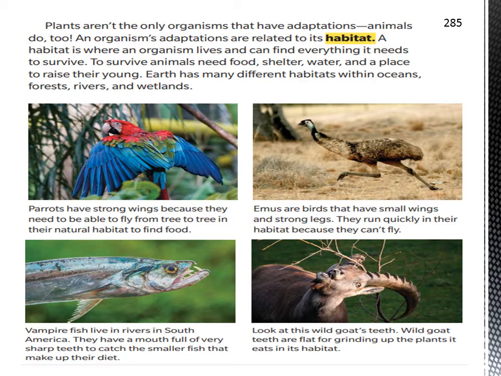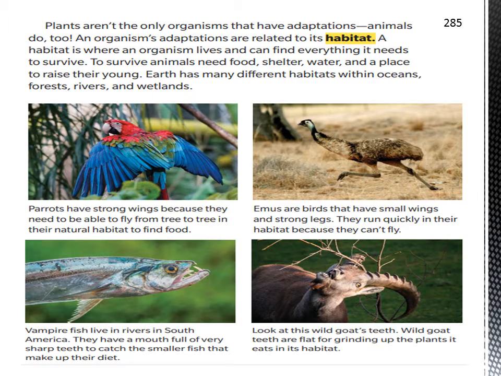How does the parrot interact with its habitat? Very good. The parrot gets food and water from its habitat. It gets shelter in the trees. What adaptation do parrots have to survive? Yes, they have strong wings that they need to be able to fly from tree to tree.